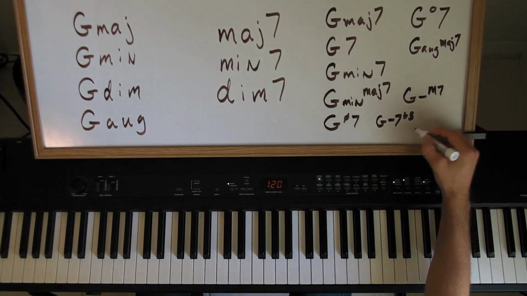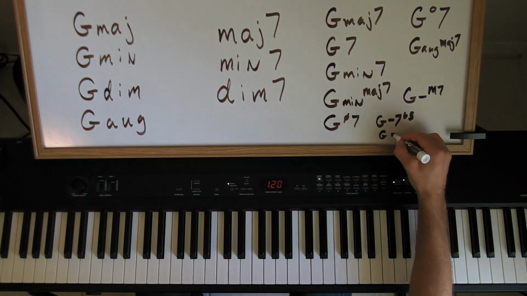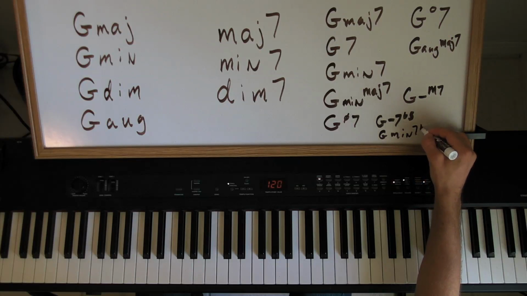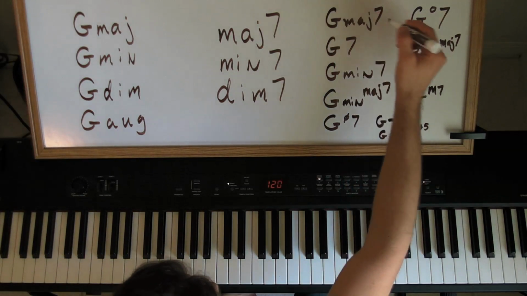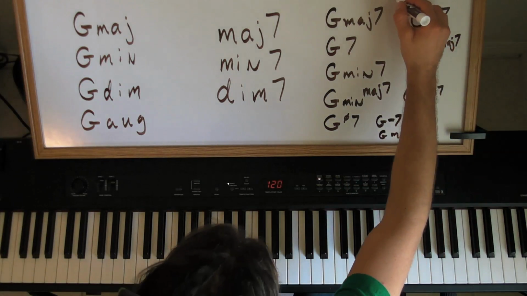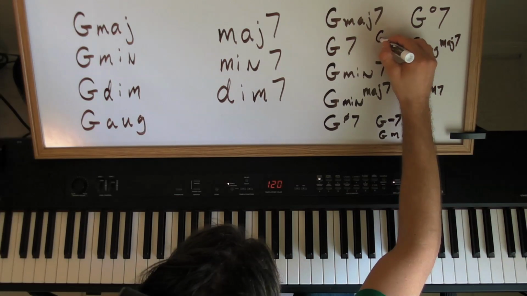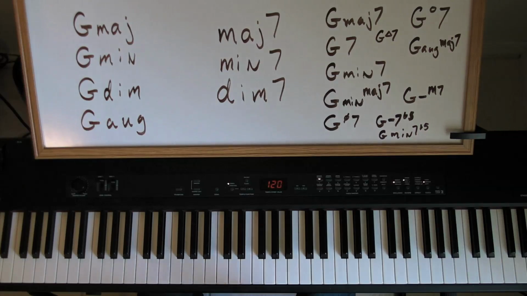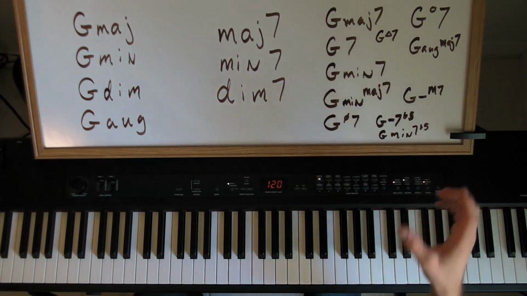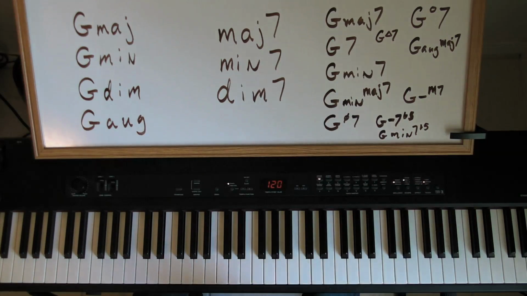Right here, I probably should have written G minor 7th flat 5, just to be consistent with what I've been doing. But that's another way of writing minor, that little minus sign. Occasionally, you'll see major written as a little triangle. That would be G major 7th. So don't let the different names confuse you. It's really all the same stuff.